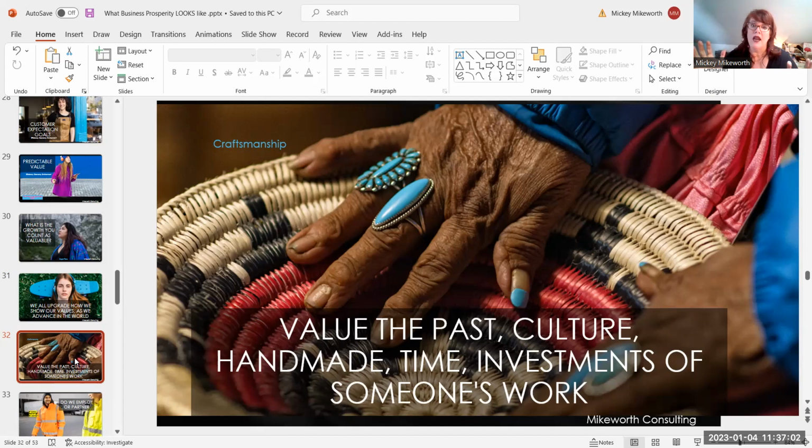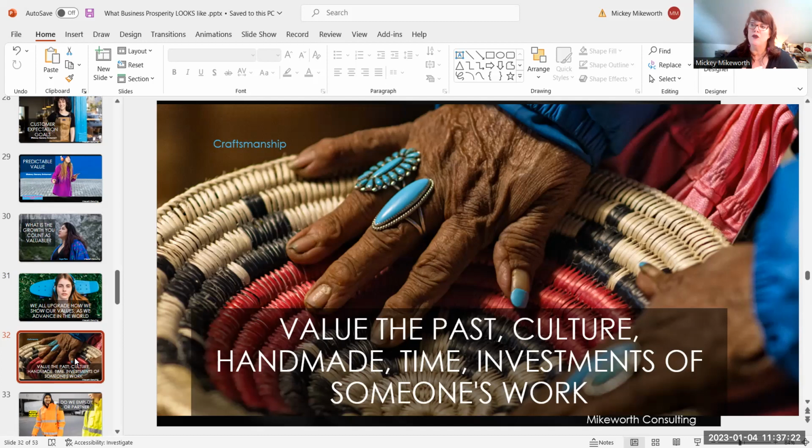We saw the culture really value things that were knocked out of a machine, right? Mass produced. And now we see, in the last 10 years, this really huge shift back to craftsmanship, of valuing ancient traditions, valuing culture that's attached to the things that are made within that culture, handmade, things that take time to make.